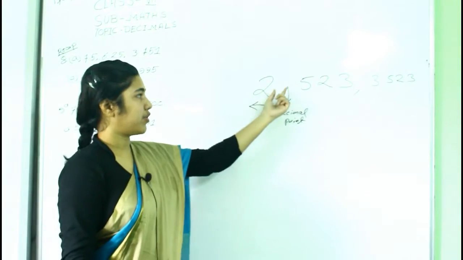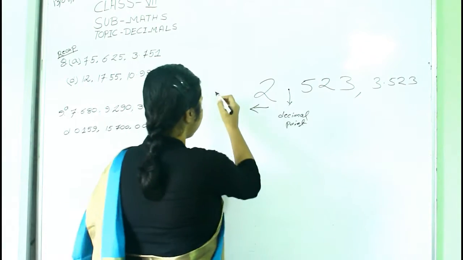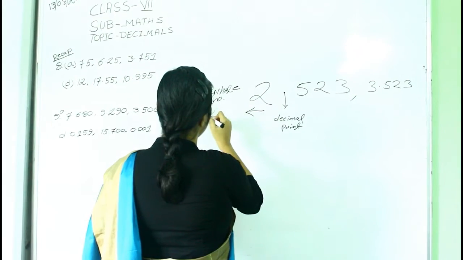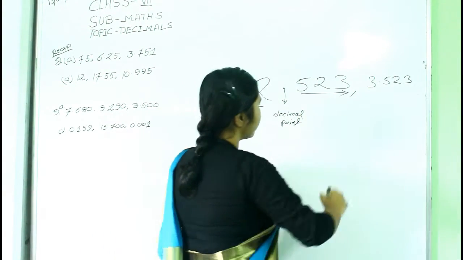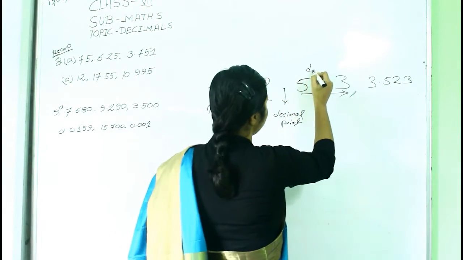This part before the decimal point is known as the whole number part, and this part after the decimal point is known as the decimal part.